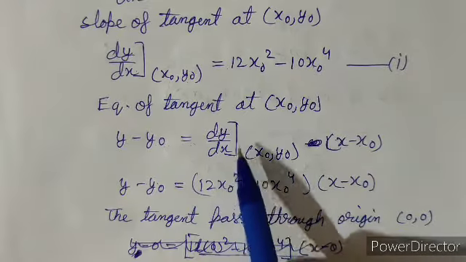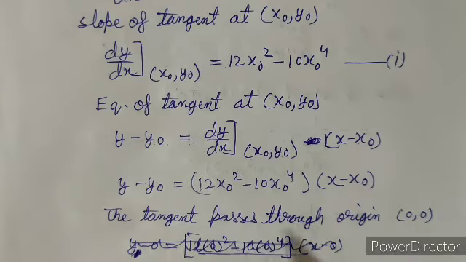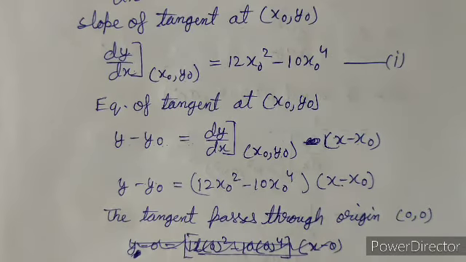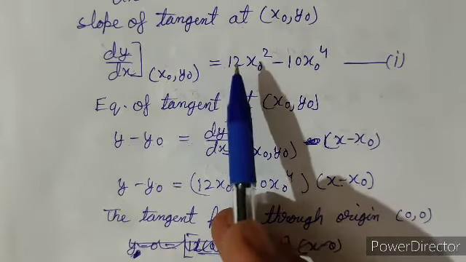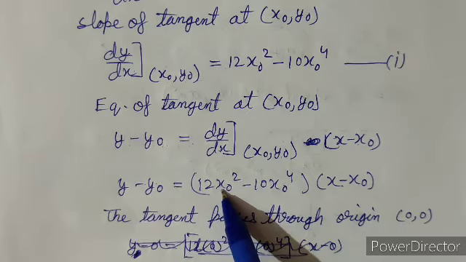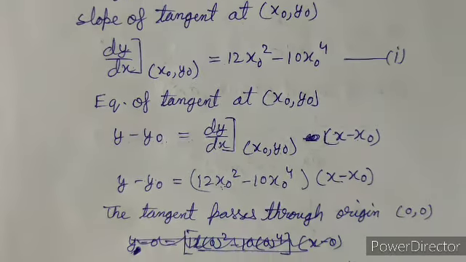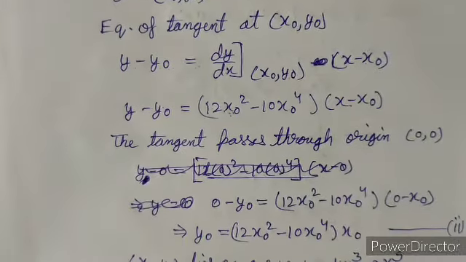Now as you know, the point x0, y0 lies on the curve, and here it is given to us that this tangent passes through the origin. Now if the tangent passes through the origin, that means this will satisfy the coordinates of the origin.